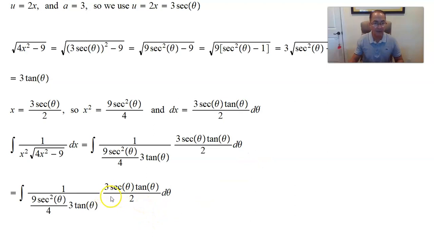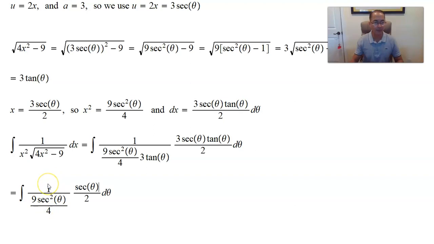What do we see? Well, there's a 3 tangent here and also a 3 tangent here. So let's get rid of that. That instantly makes it a lot shorter. So the tangents are gone. Oh, that's nice. We have a 2 here and an over 4 here. If this makes you uncomfortable, I don't blame you.